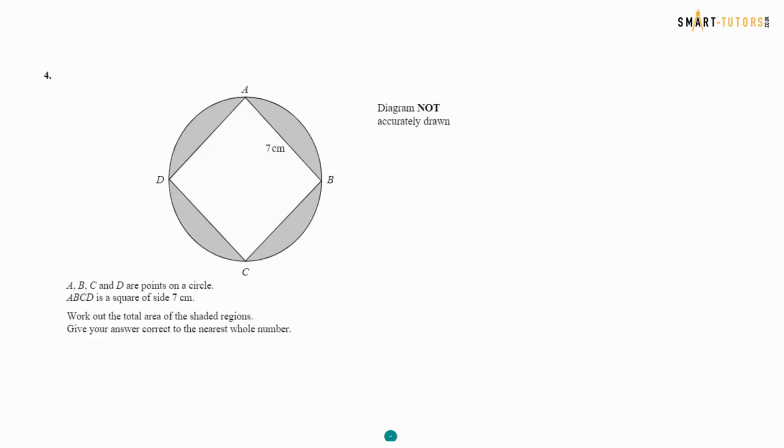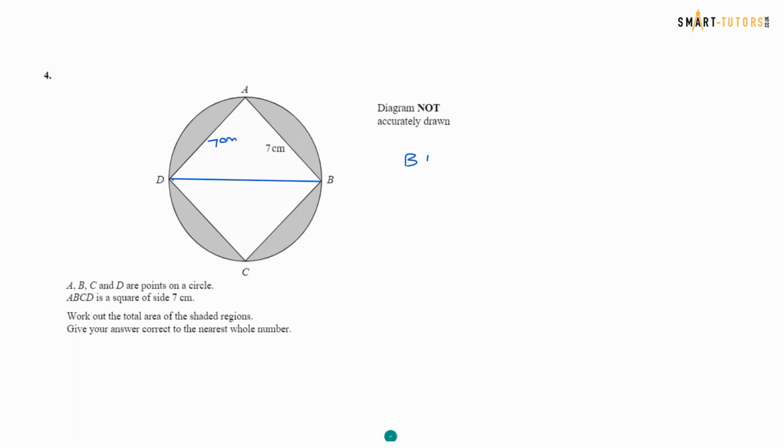Question number 4. A diagram is given, a circle and a square. ABCD are the points, ABCD is a square. Work out the total area of the shaded region. First of all, I do a connection here, which gives this side 7 centimeters, and I can find out BD.